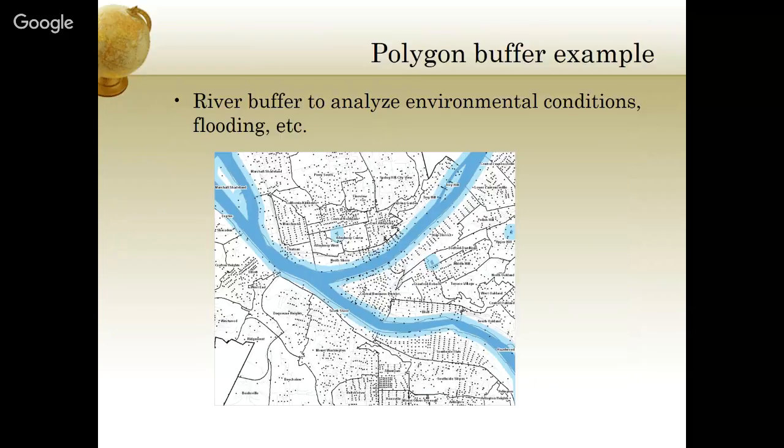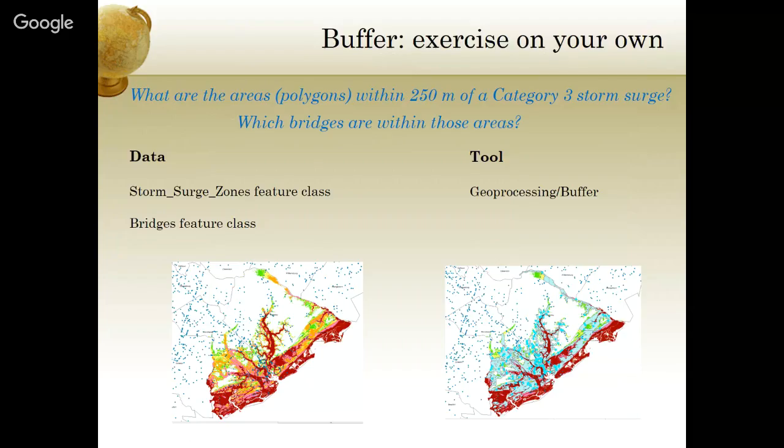Lots of examples here. Analyze flooding zones or buffer around them. So what we're going to do is buffer some of our storm surge zones. We're going to find areas that are within 250 meters of a Category 3 storm surge zone, and then identify which bridges are within those locations.